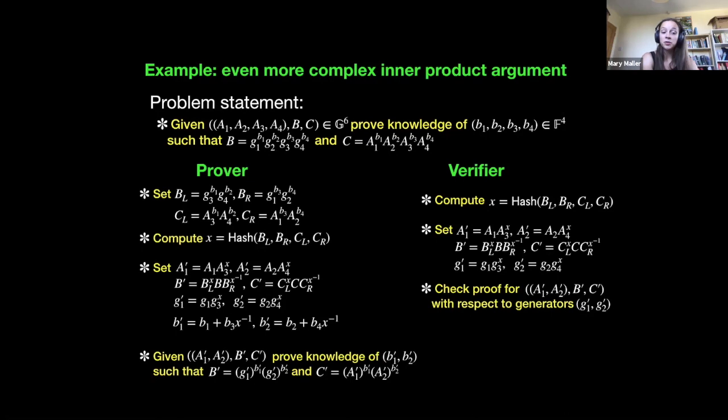But the private elements, because it doesn't have access to them, we're going to show that the prover must have rescaled those correctly, but the verifier doesn't need to do any work relating to those. And then the verifier will check their proof with respect to these rescaled elements, which it computes for itself. It doesn't just take the prover's word that those elements have been rescaled correctly.